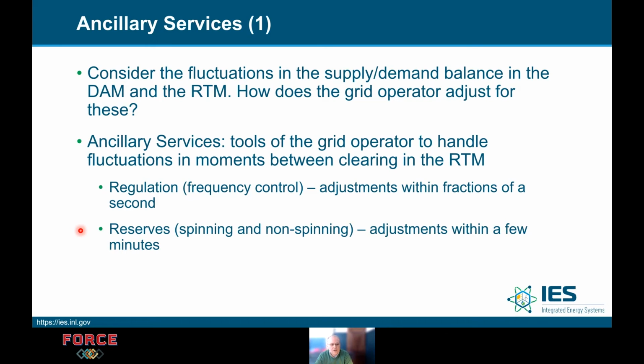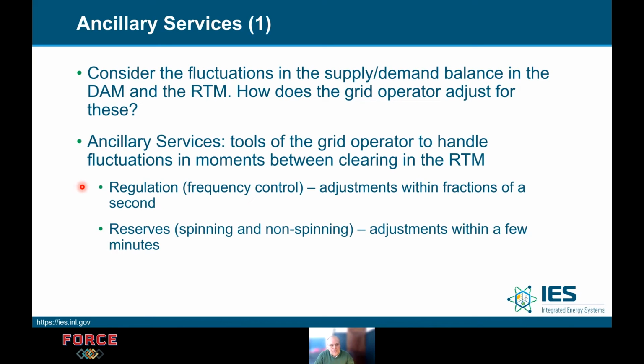They can also call upon generators that are not spinning, so long as the generator has the ability to turn on the asset within a short amount of time, in 10 minutes, 5 minutes, 30 minutes, it depends across different markets that you're looking at. So this is the adjustment market for the level below what the real-time market settles out.